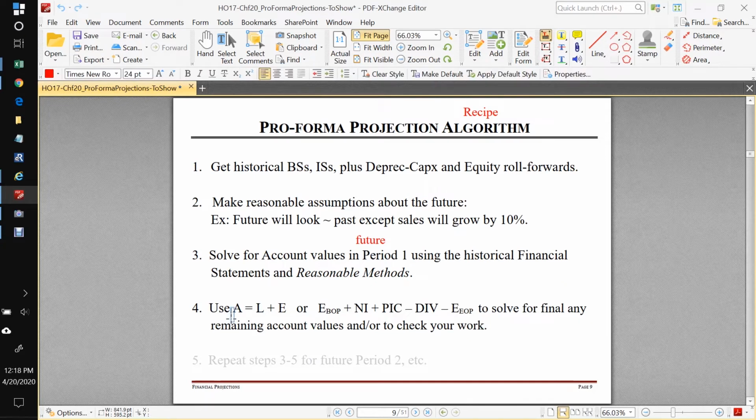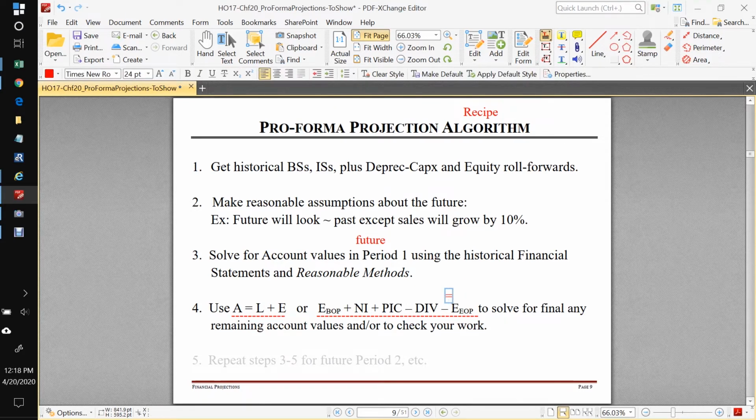So to get any final leftover values, we use one of these two accounting equations to help us out: assets equal liabilities plus equity at all times under all circumstances, and equity beginning of period plus net income plus paid in capital minus dividends is equal to equity end of period.